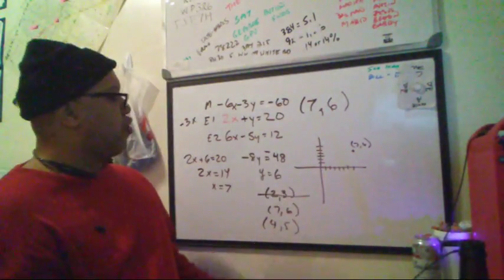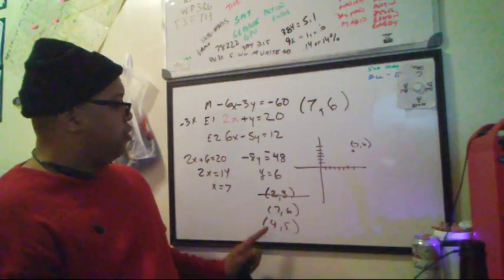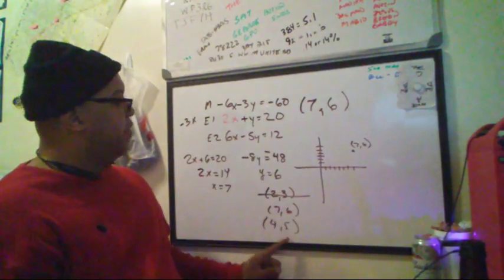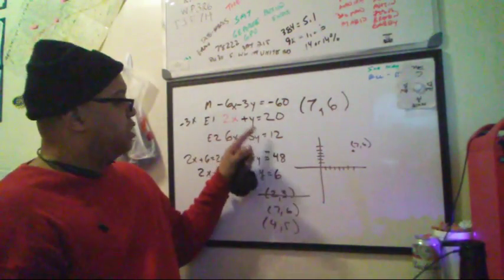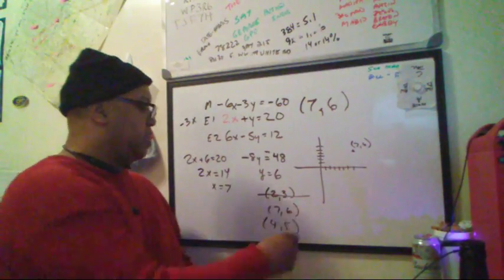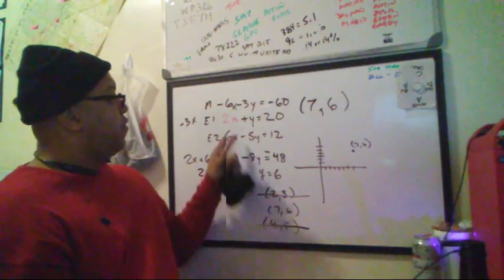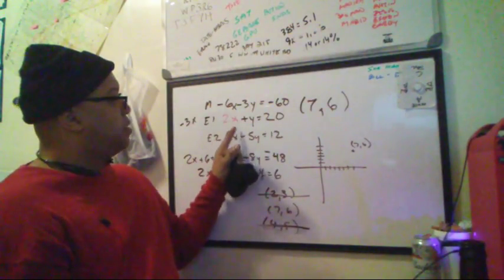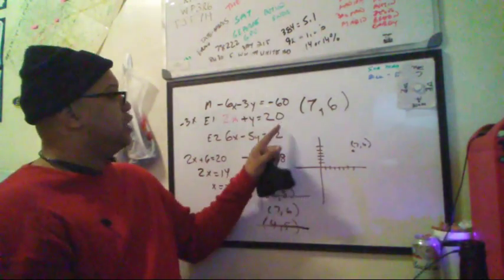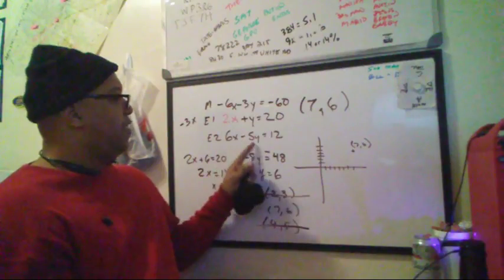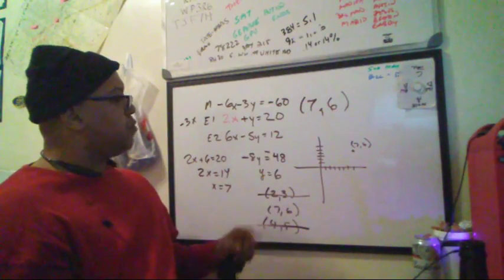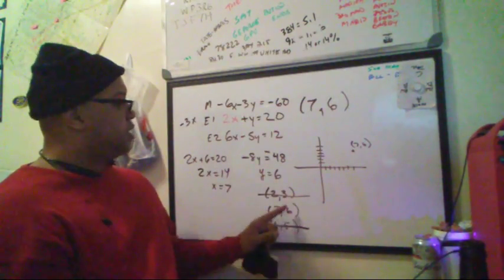And then let's say you tried 4 and 5. So you put 4 for x, which is 8, and then 5 for y. 8 plus 5 is 13, not 20. That doesn't work. When we put 7 in for x, 2 times 7 is 14, plus 6 is 20. But it would have to work in the other equation as well, replacing the x and y values.